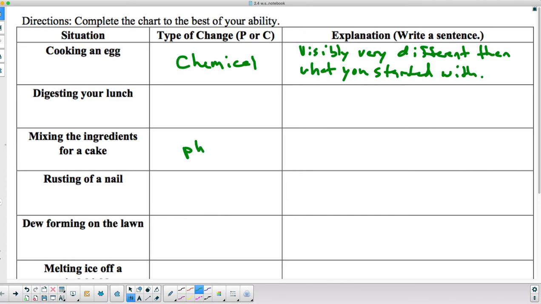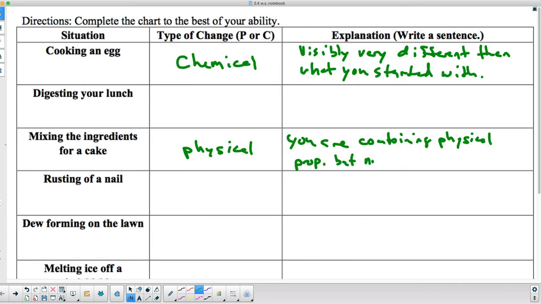It's physical because you are combining physical properties but not producing new ones. So it does look a little different, but because no new properties are being produced, there's nothing that is wildly different.